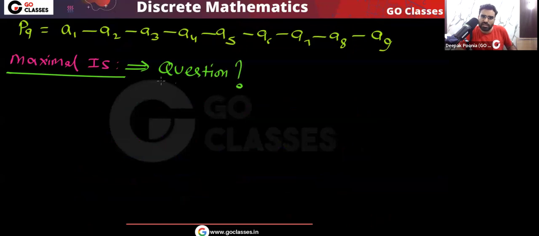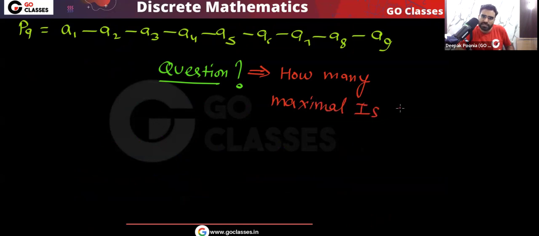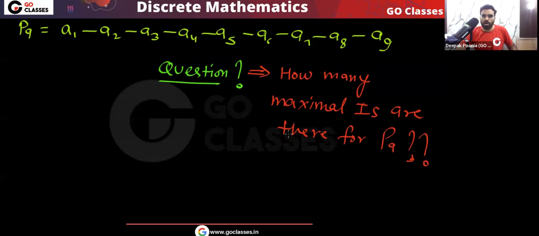Let me ask you a question: in total, how many maximal independent sets are there for P9?